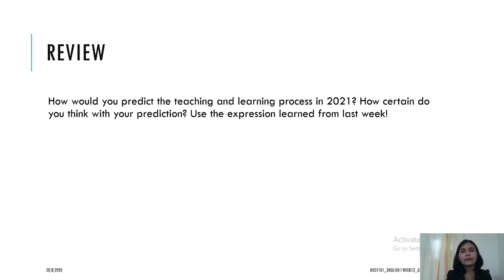So as you can see over here in the review question, there is a question about prediction, because our topic last week was about prediction using the models. So how would you predict the teaching and learning process in 2021?